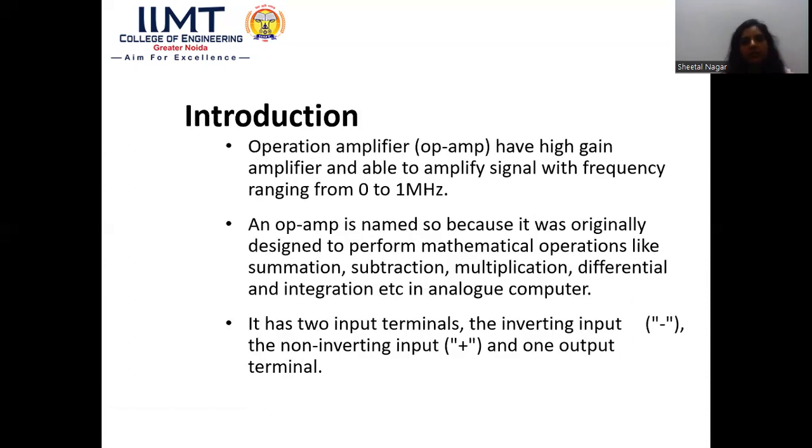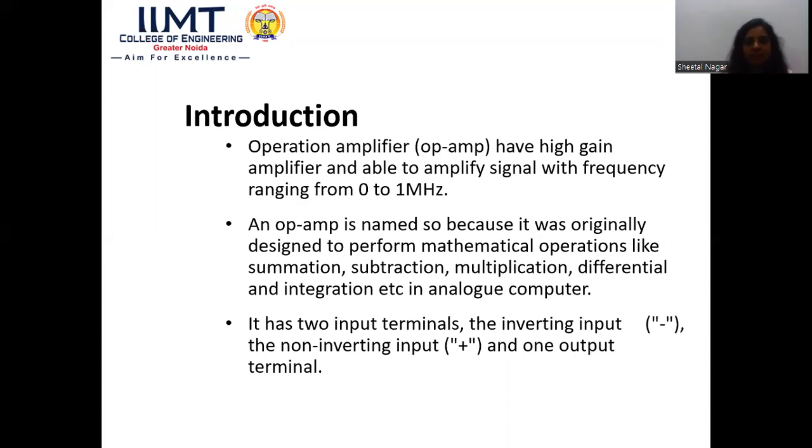First of all, what is an operational amplifier? An operational amplifier has high gain. It's an amplifier used for very high voltage gain and is able to amplify input signals with a frequency range from 0 Hz to 1 megahertz.